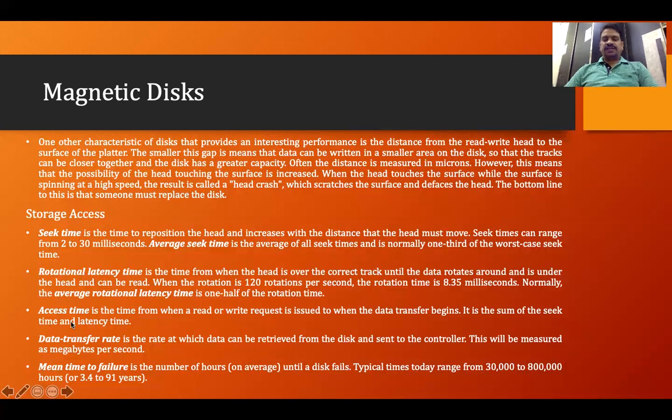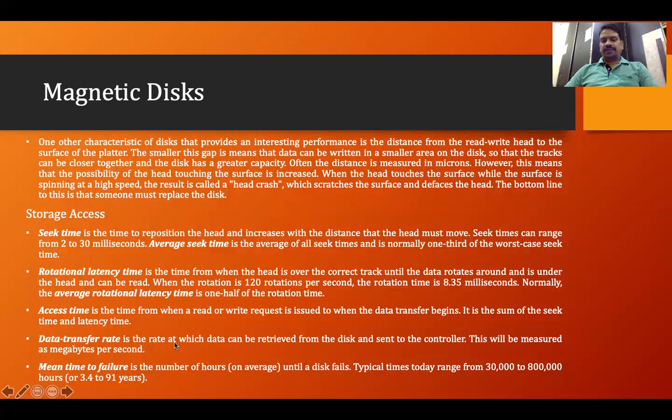It is a sum of seek time and latency time. Seek time is nothing but the time to get the read write head to the proper position. Latency time is nothing but the delay, how much delay has been taken.